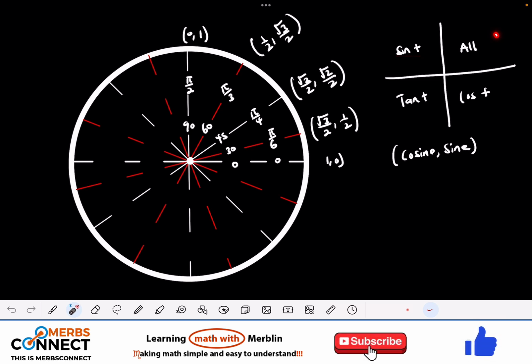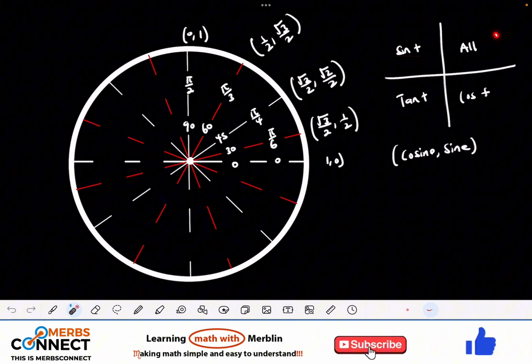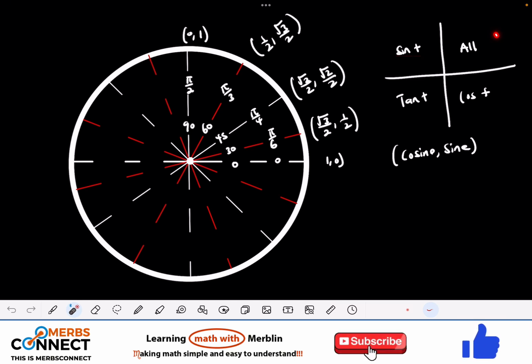So now this is the unit circle, and how I was able to understand it was like this: the unit circle has four quadrants, right? The first quadrant, the second, the third, and then the fourth.